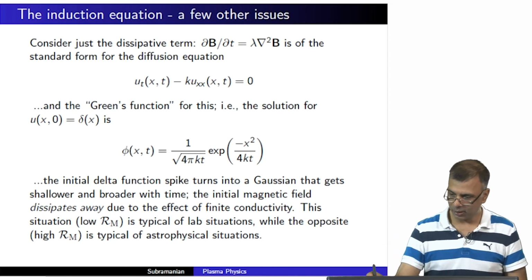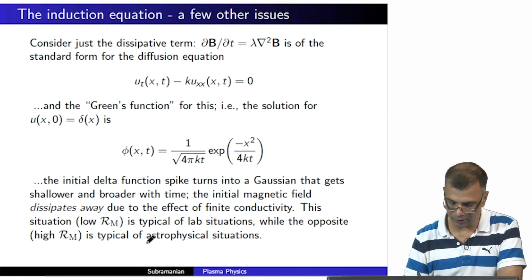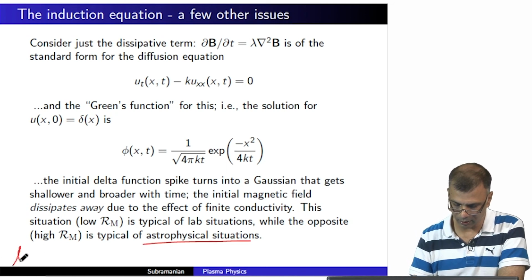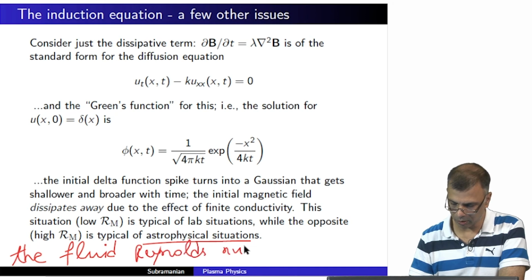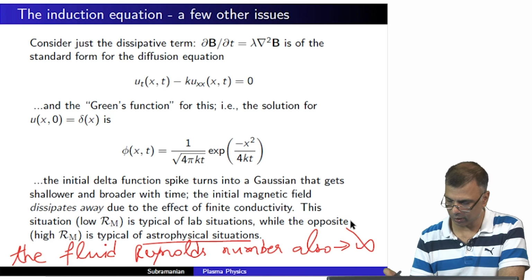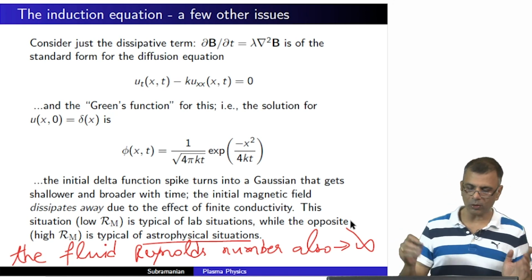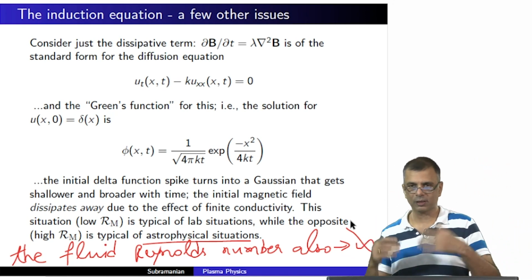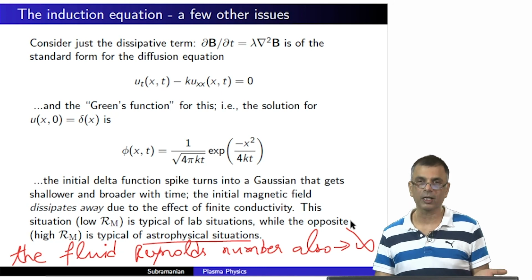So, in other words, in astrophysical situations, the fluid Reynolds number also tends to infinity. So both the magnetic Reynolds number and the fluid Reynolds number in astrophysical situations are very high.